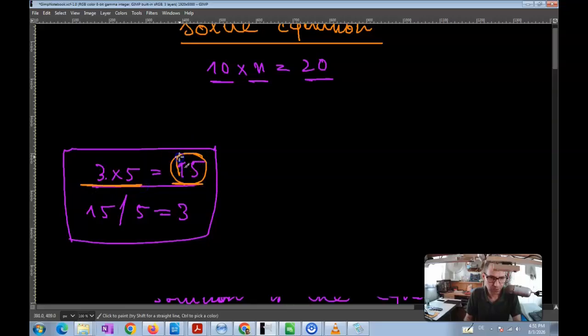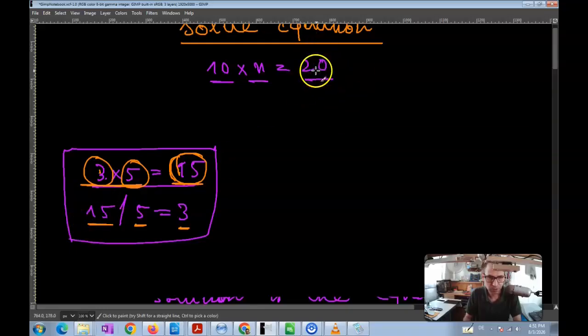The number that is alone on one side of the equation goes to the numerator, right? And then in the denominator, you will have either this number or this number. It doesn't make any difference. And then on the other side, you will have the other number.